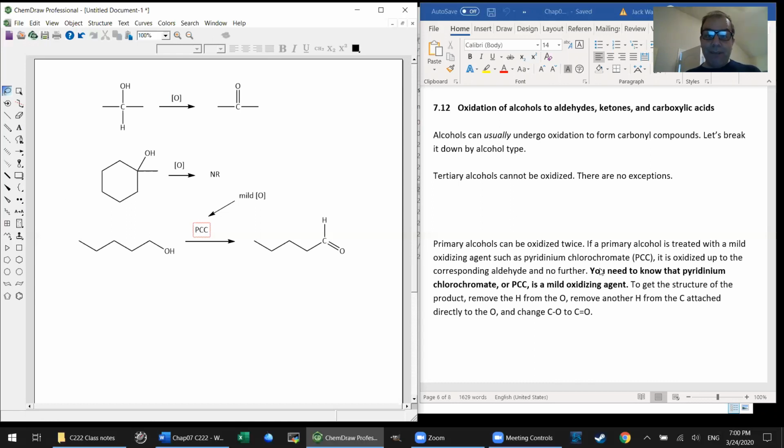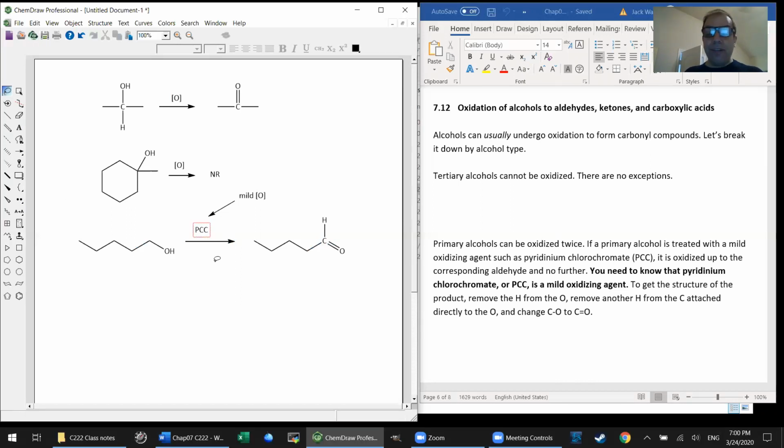But I did give in the class notes a step-by-step method showing how you can know what the structure of the product will look like given the structure of the starting material. And you might also want to be able to go the opposite direction. If you were given an aldehyde and told that some primary alcohol reacted with PCC to give that, could you draw the starting material? That would also be good to be able to do.